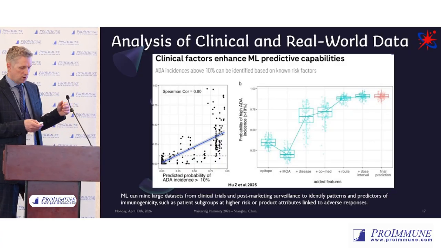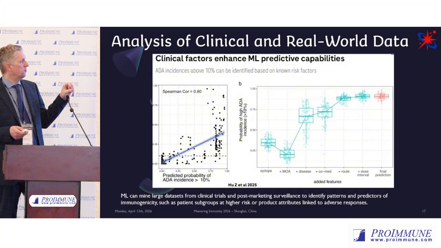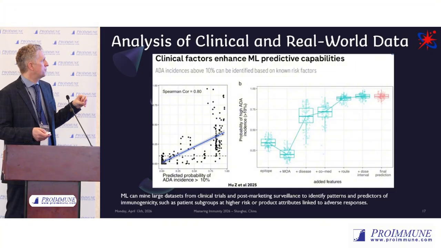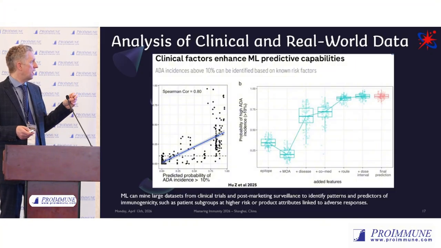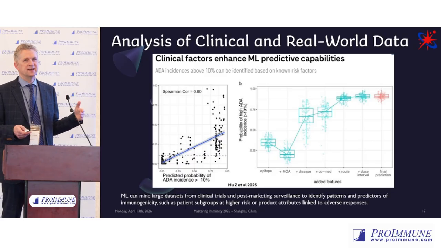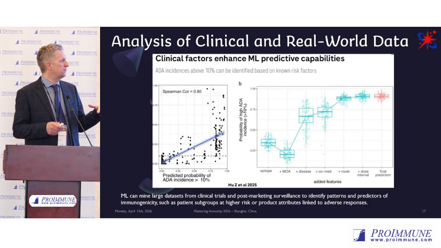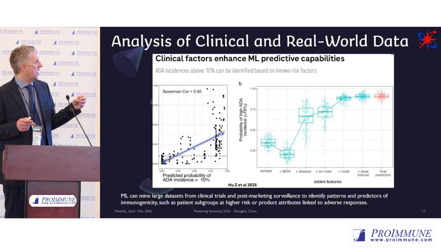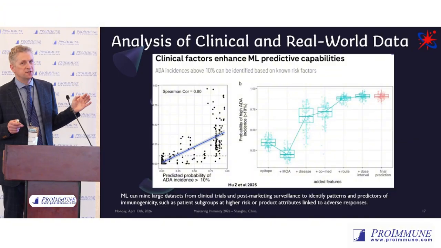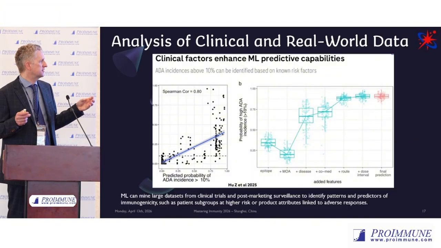And they were able to work through each of those dots as a cohort where they were making predictions on whether the ADA incidence would be higher or lower than 10% in a cohort. What information do you use to make this prediction?